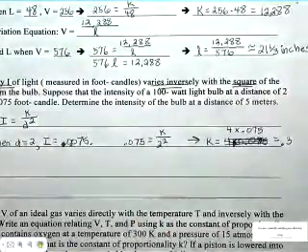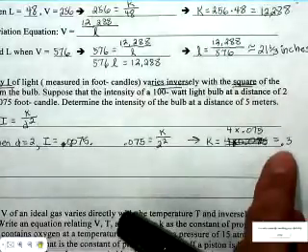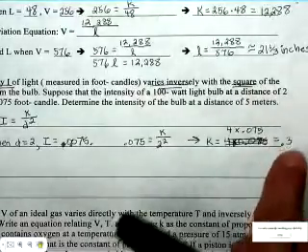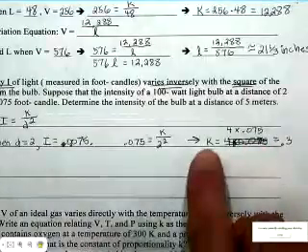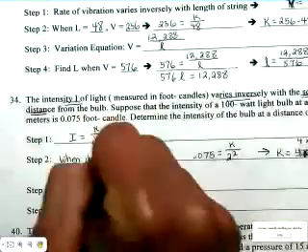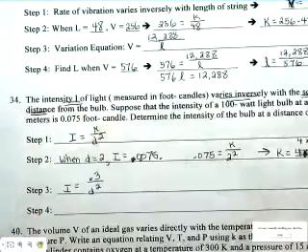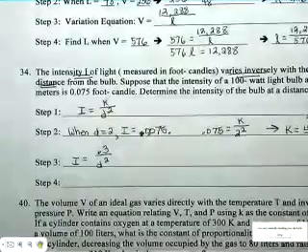But now that I know the constant, what's the next step? Write the equation with 0.3 in the place of K. So I equals 0.3 divided by D squared. And I no longer have 2 and 0.075 in this equation.